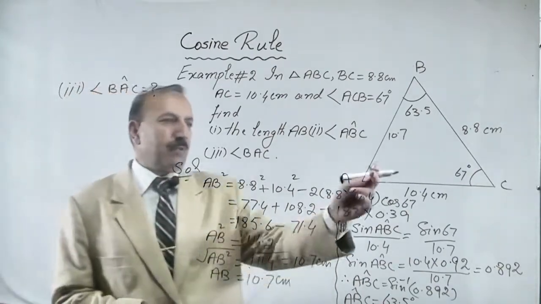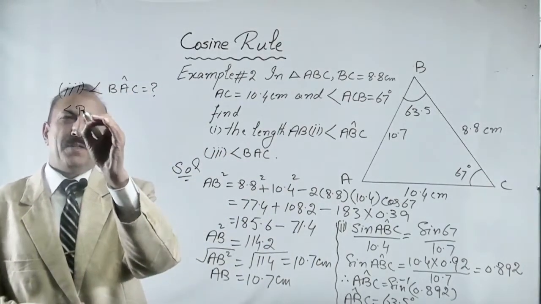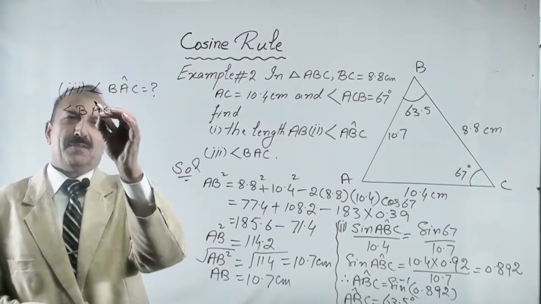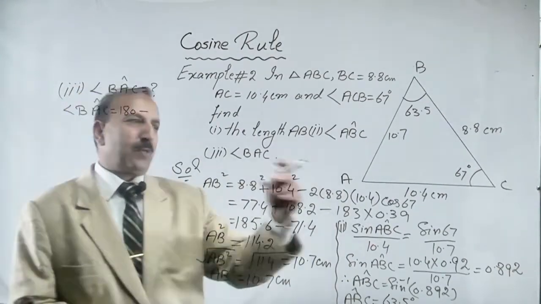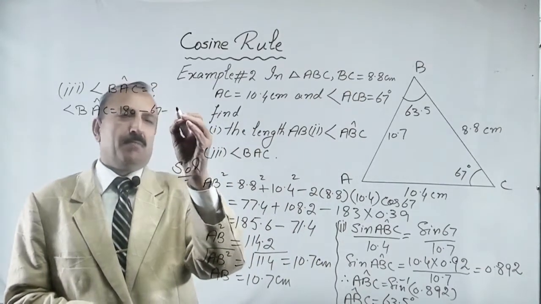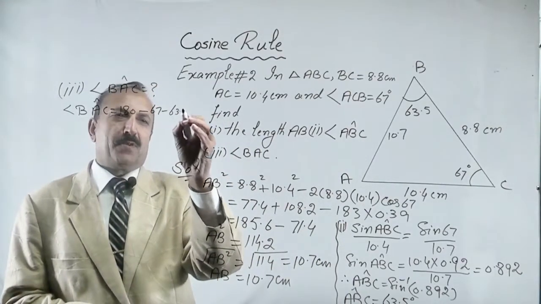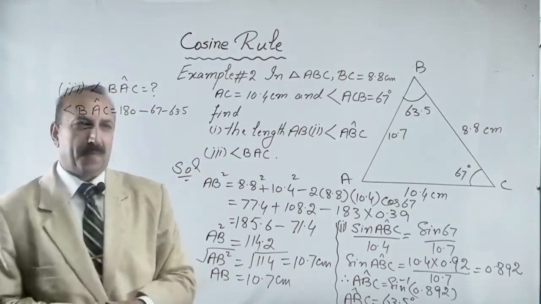In a triangle, the sum of three angles is 180. So our angle BAC will be equal to 180 minus the rest of the two angles, 67 minus 63.5. That will give us this angle.